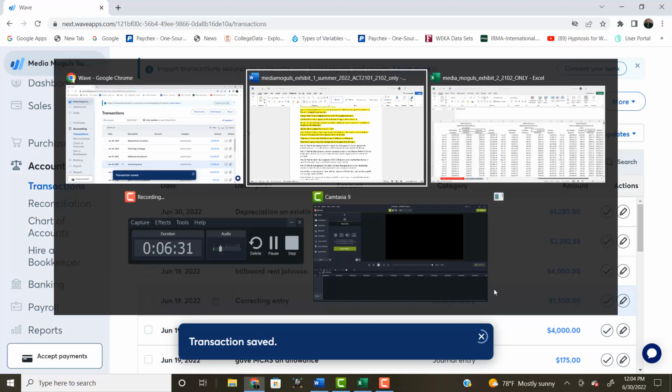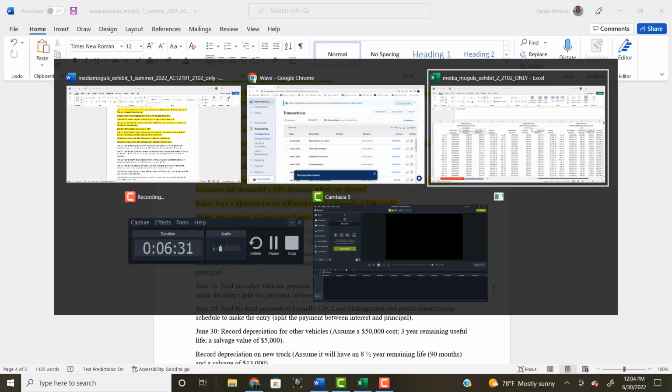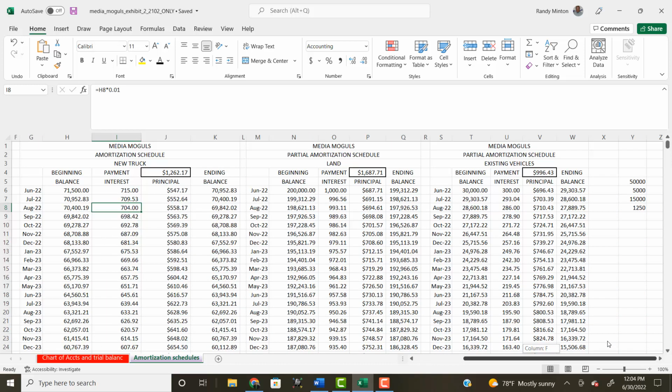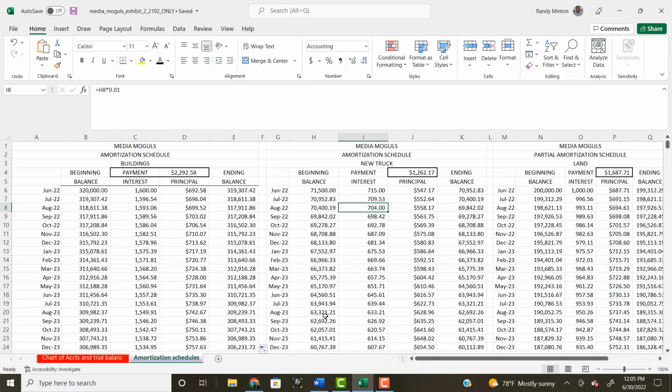Now, on your amortization schedule, I can get back to it. And what I did was I went ahead and I think I did them all for you. And so you can see, you should try to do this. You should try to make sure you can do this entry or this formula, because it's really important.